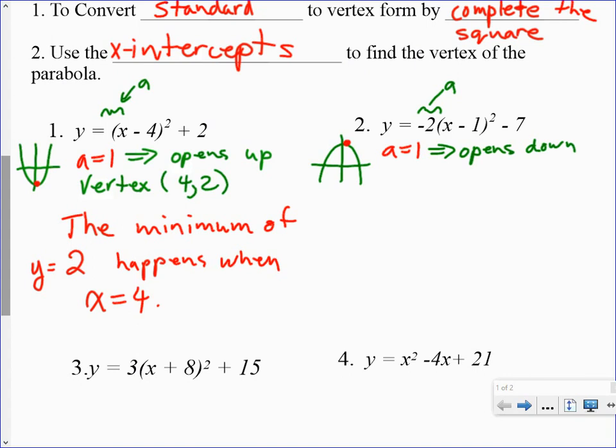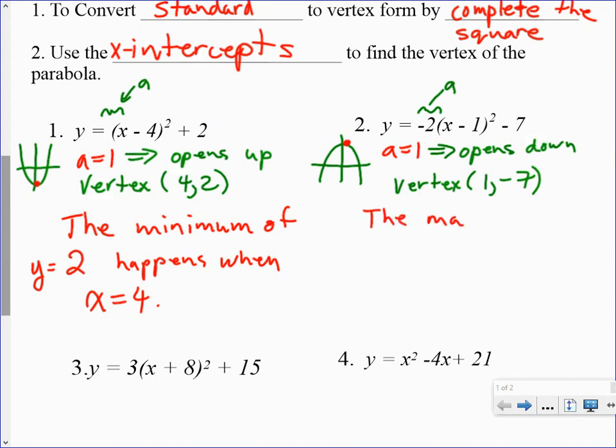Okay? And because it opens down, you also know other things about it as well. You also know from our vertex form that the vertex is 1, negative 7. So now when we do this, we're going to say the minimum, is it the minimum or the maximum? I think it's the maximum.